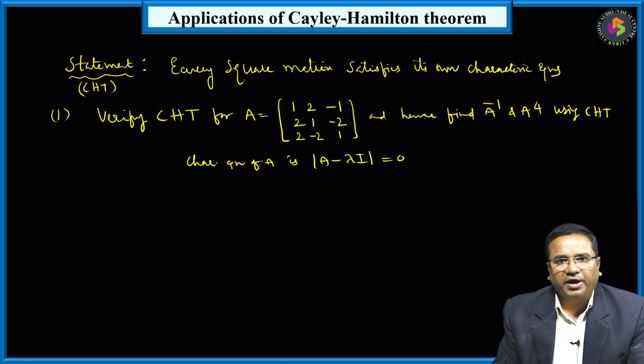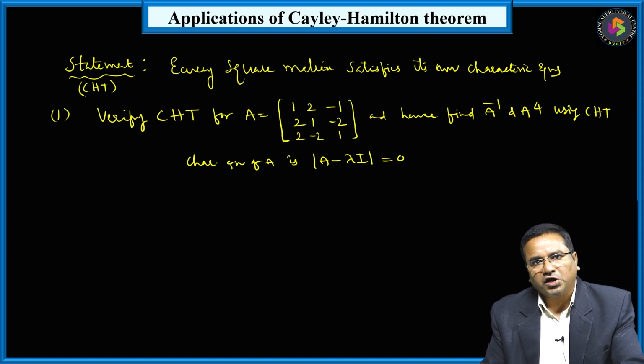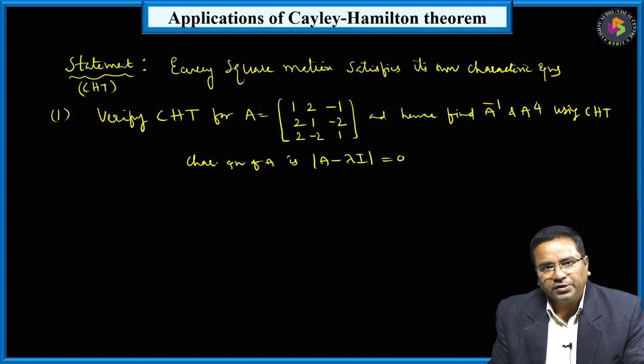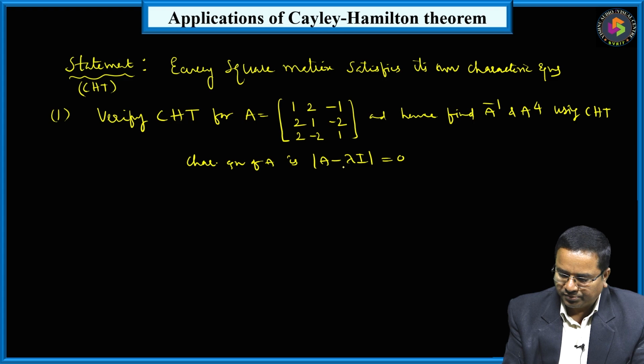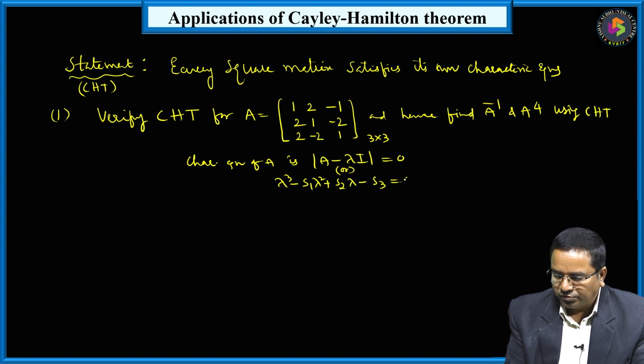This is the main formula, but we have a shortcut formula. For 3 by 3 we get a third degree equation: lambda cube minus s1 lambda square plus s2 lambda minus s3 is equal to 0.